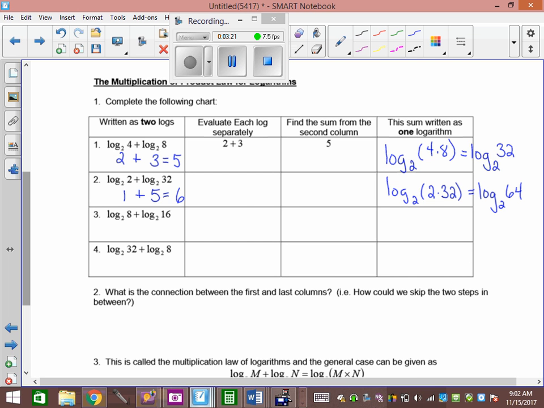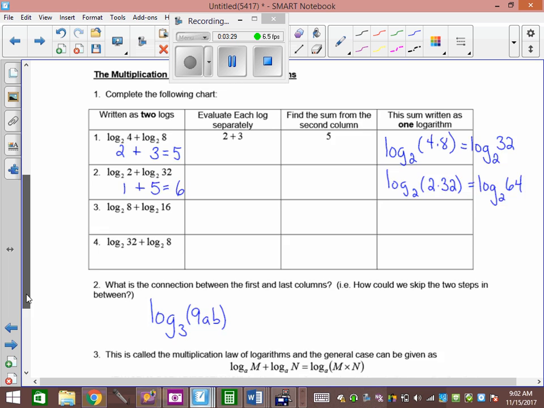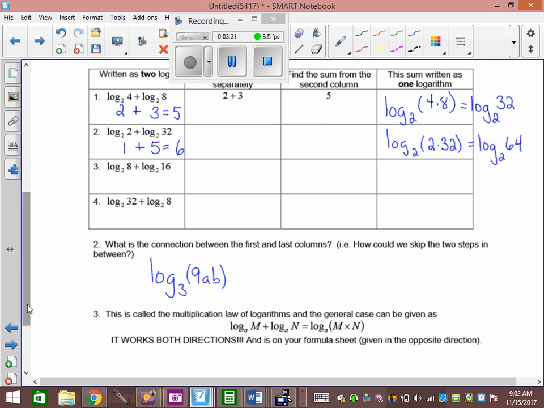So for example, if I had log base 3 of 9ab, people will sit there for a while and be like, I can't do this. But you can. What they'll do is separate it as log base 3 of 9a plus log base 3 of b. And then that answer is not there. Well, these three things here are actually multiplied together, right?